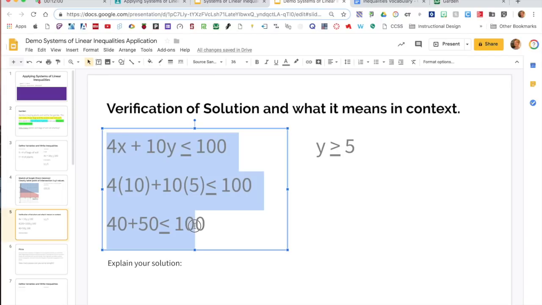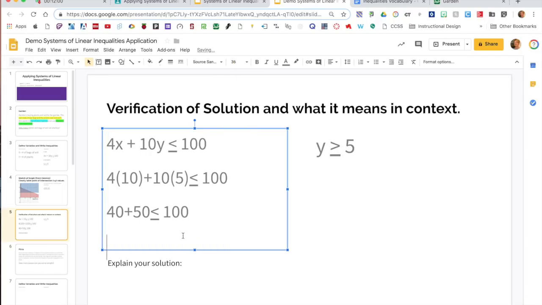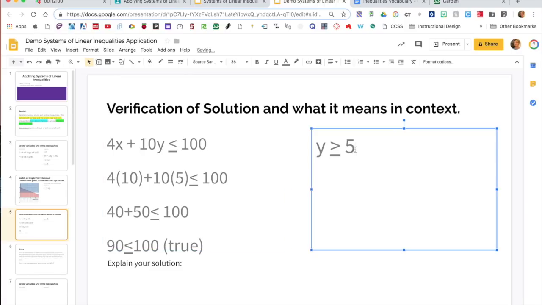I'm going to make this a little bit smaller because it's getting too big for my screen. So 40 plus 50 is 90. 90 is less than or equal to 100. So that checks out, that is true. Let's do the other side.